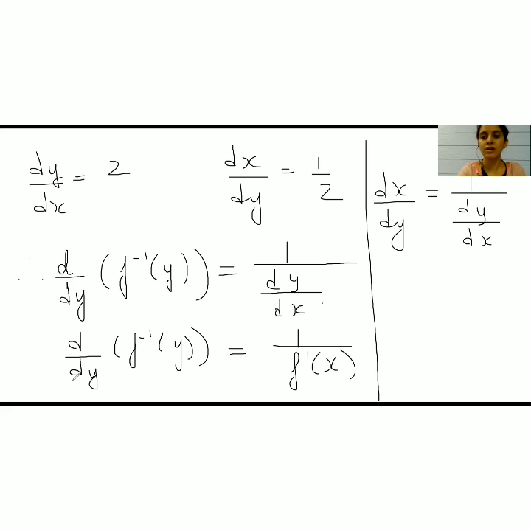This is all that we have to remember while doing inverse functions. We find the normal dy by dx, take the reciprocal, and that is the answer for dx by dy. That is the answer for the inverse function. So only one thing to remember in inverse functions: it's the reciprocal of the derivative of the given function, if the inverse of that function exists. Very important.